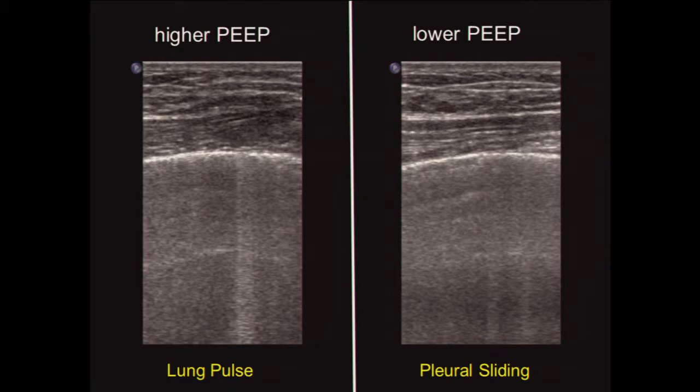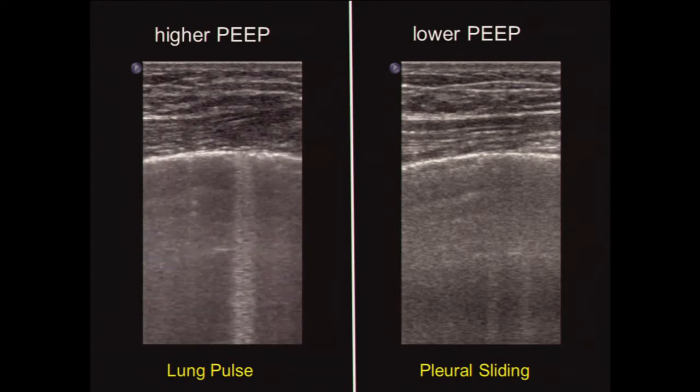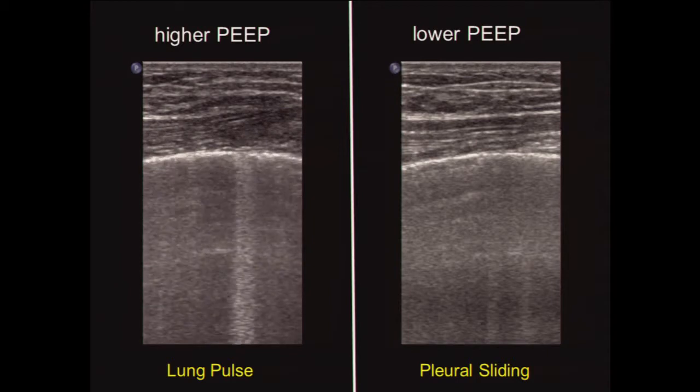And this can be useful because, you know, there is not a specific ultrasound pattern defining the overstretch, the overinflation of the lung. But sometimes we can perform a sort of test in our patients. On the left, you see this typical lung pulse. So good aeration, but no ventilation.